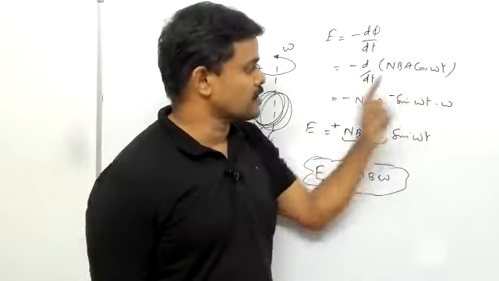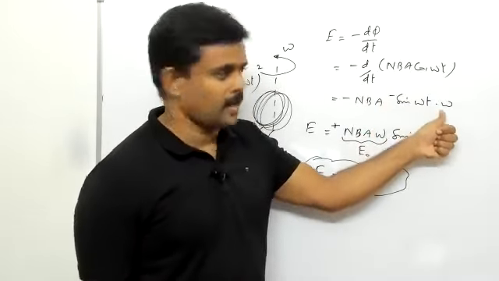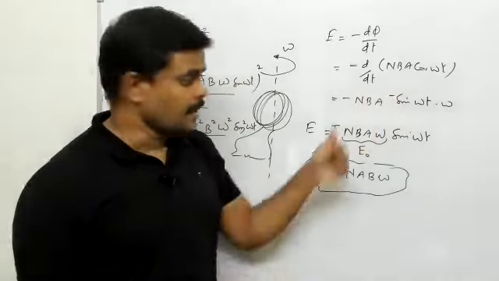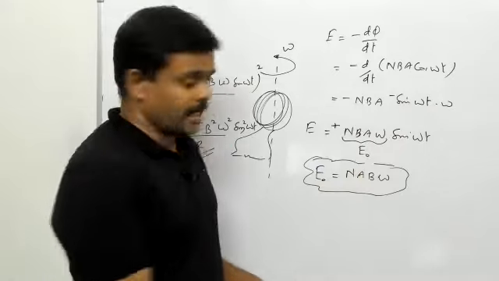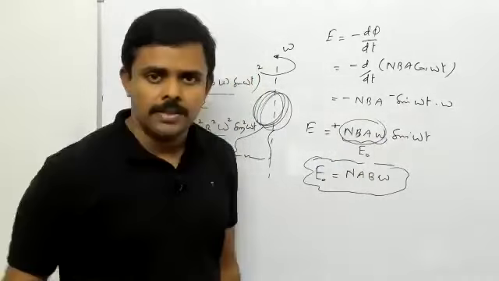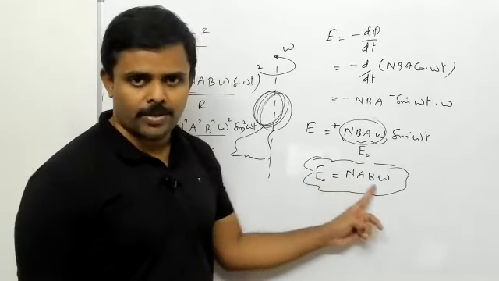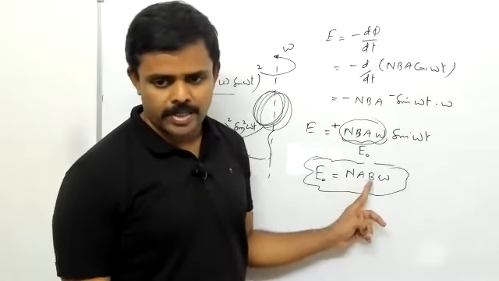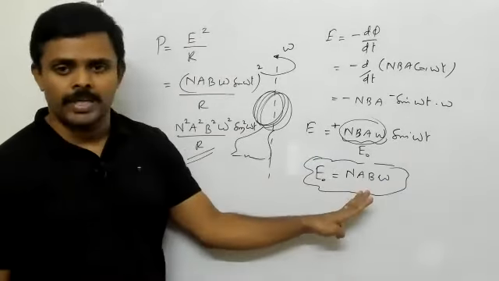D by dt of cos omega t is what? Minus sin omega t into omega. Minus or minus is plus. N B A omega into sin omega t. NAB omega together is known as E0. E0 sin omega t. So E0 would be NAB omega. N is number of turns, A is area, B is magnetic field, omega is angular velocity. And the question is to find out this maximum EMF.